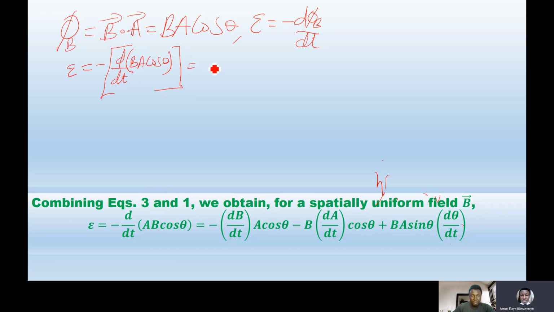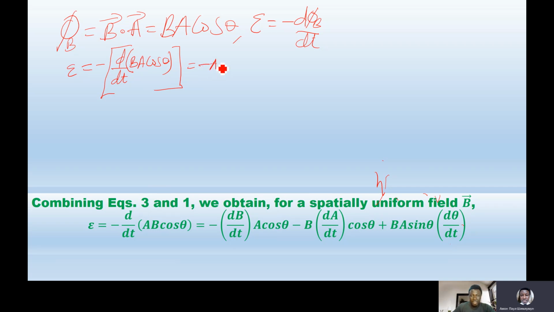This gives us what? Look at this. We have three functions in the bracket: B, A, and cos theta. And accordingly, the differentiation will yield what?